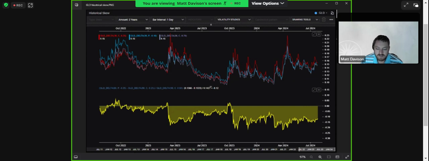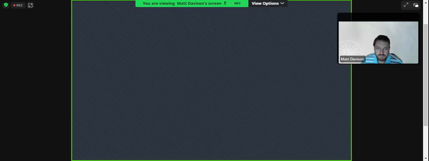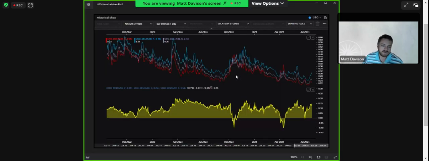We have this one as well for USO, and this one is a little bit different because USO, even though it's tracking oil as a commodity, we see on this particular one that the more normal condition, and I say more normal in the sense of thinking about it from an index perspective, comes back into line, but we certainly see moments in time, late 2023, a couple months ago, where the opposite condition is occurring. And then the other one I just want to highlight here for a second.